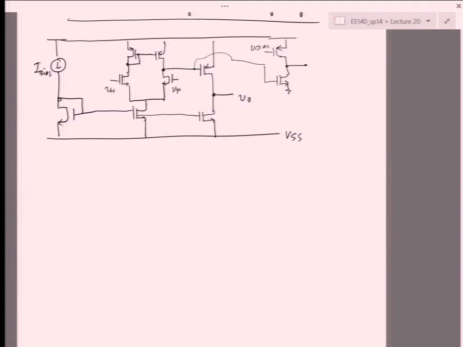Sometimes this topology will also be preferred for speed reasons, because the mobility in an NMOS is better, and I want a larger GM in this output stage. We'll go into those details a little later.